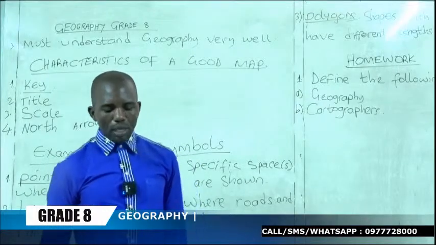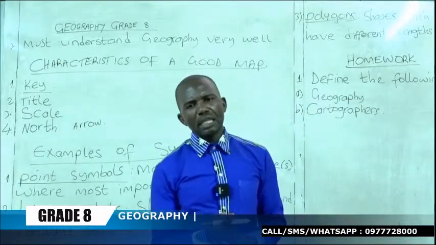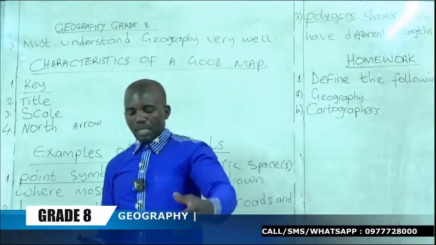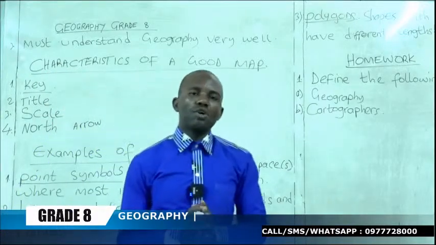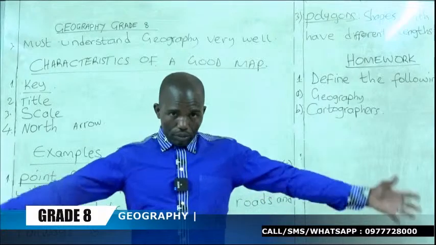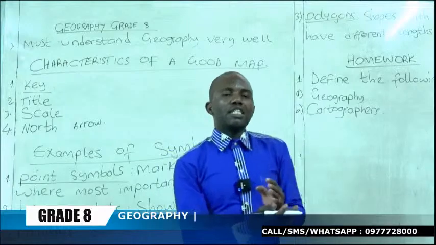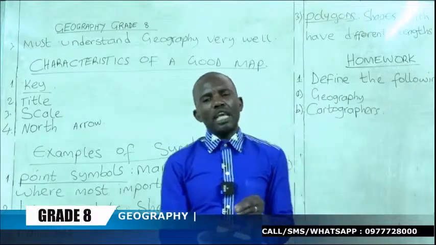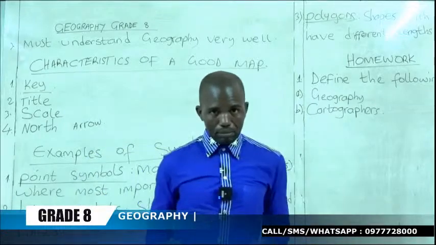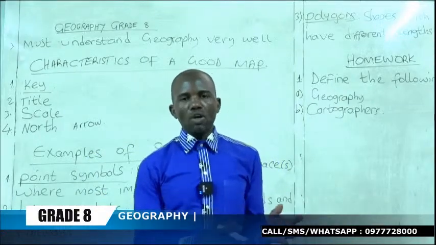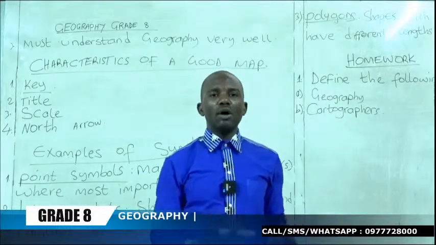Then I also said maps represent the particular land of an area or a given place. For example, Lusaka could be represented using a map, but a diagram cannot represent the whole of Lusaka. If I am to go into details, I can also say maps can represent the whole world. But how do they represent the whole world?